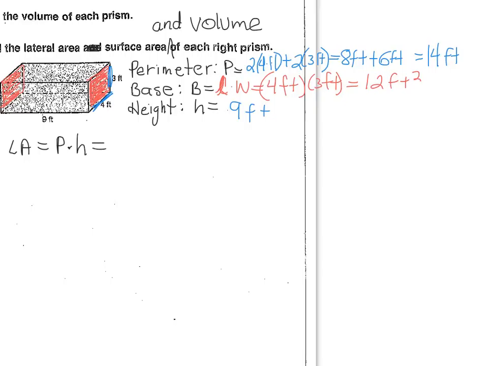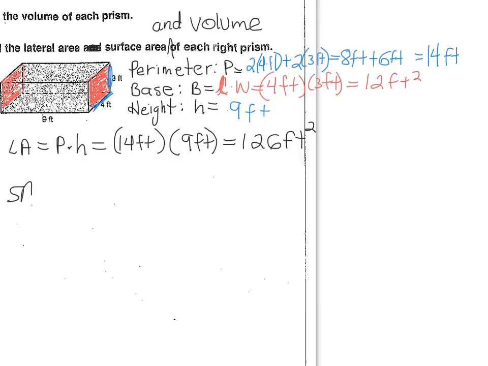The perimeter is 14 feet times the height, 9 feet. How much is 9 times 14? 126 square feet. So that's the lateral area.